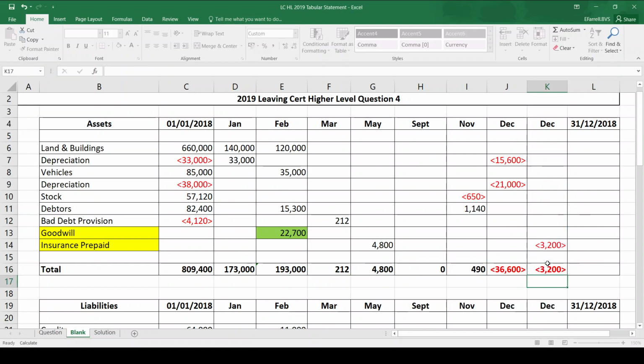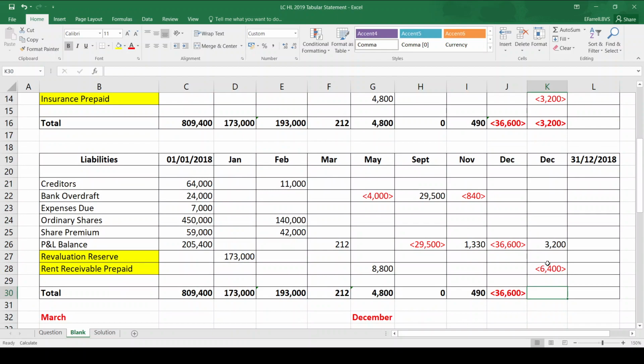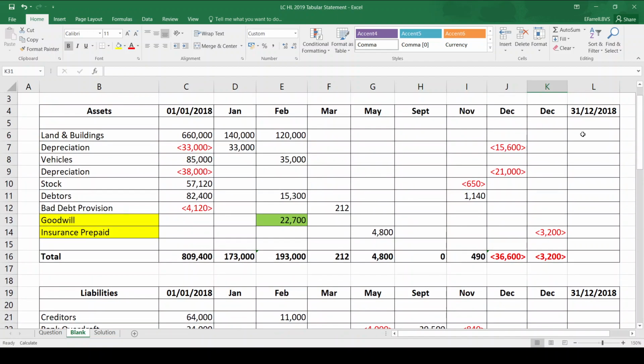So the assets for December came to minus 3,200. And the liabilities from December came to minus 3,200. So again, they balanced. And after we have that done, we are just going to add all the figures across. So land and buildings, 920,000.